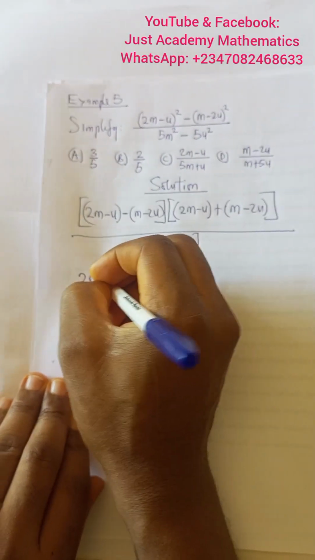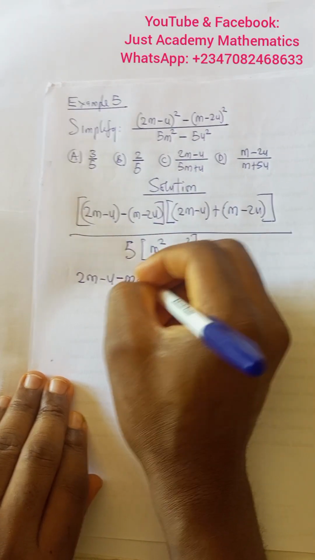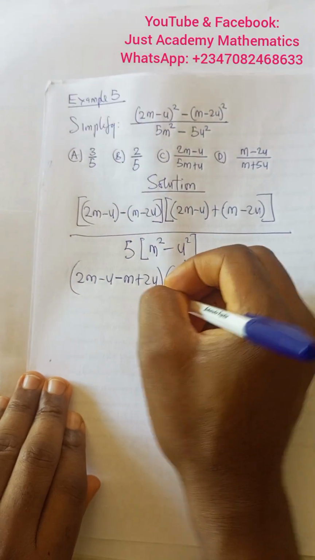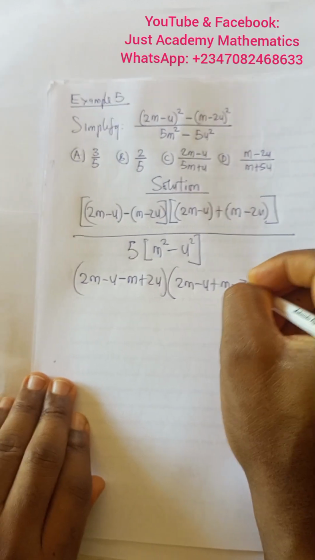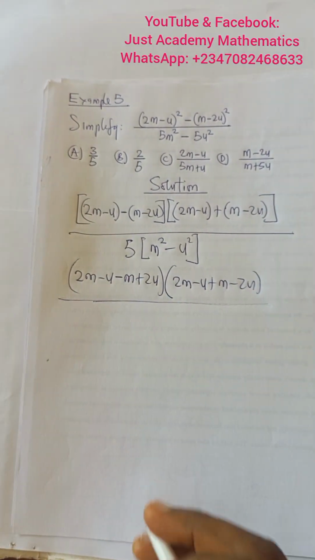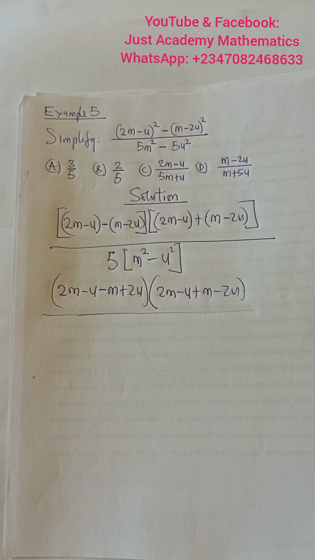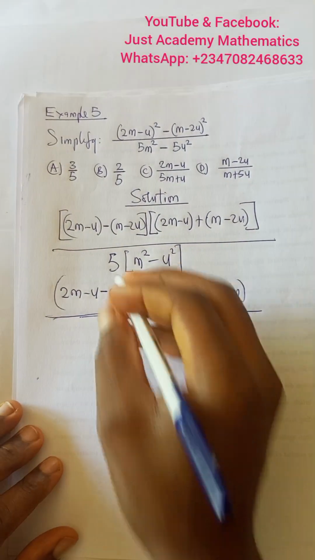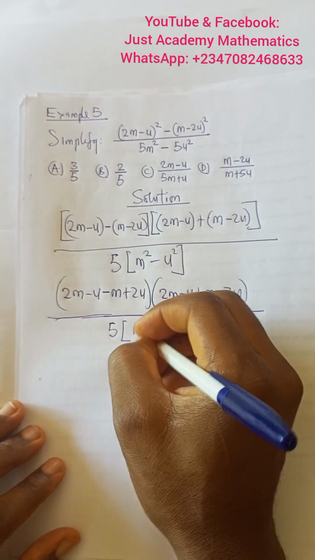So I have 2m minus u minus m plus 2u, then 2m minus u plus m minus 2u over, for the denominator, 5 brackets m minus u.